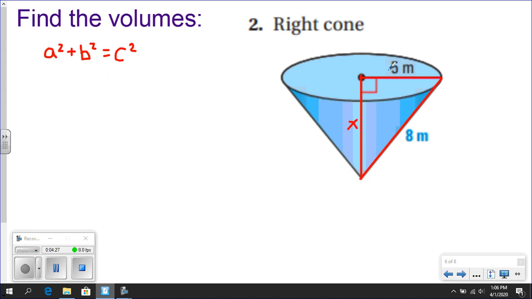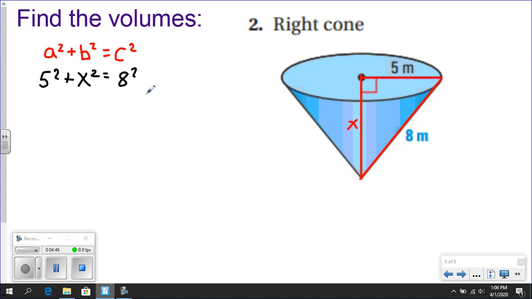So in this case, let's call a 5. Let's call b x. So I have x squared is equal to c is 8, so 8 squared.